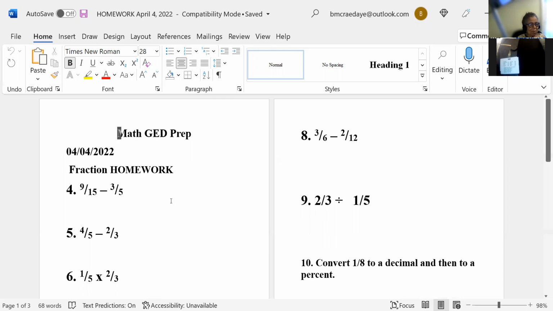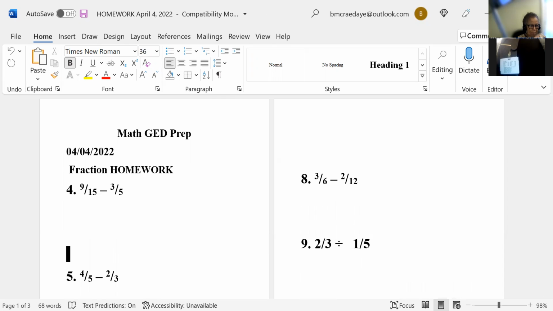Okay, let's start with number 4. Tell me, how would you do this subtraction? 9 over 15 minus 3 over 5. Yeah, it's a subtraction, and you can use your bow tie, your cross multiplication, or you can do mental math.